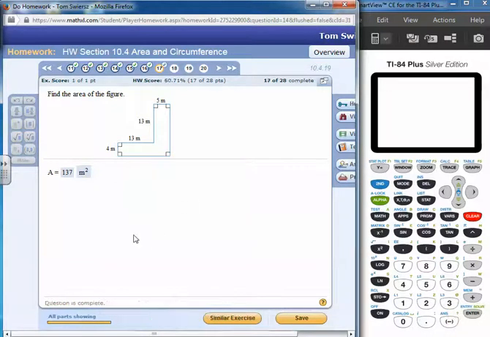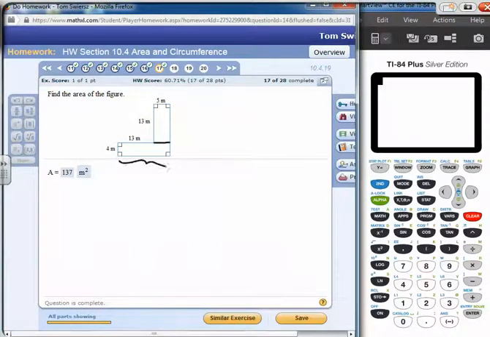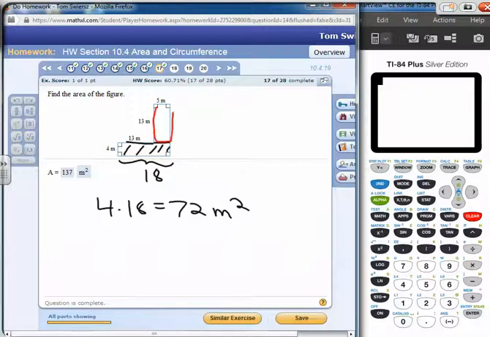Okay, and you can see that if you did it the other way, if you cut it this way, then this rectangle would be 13 and 5, which is 18, right? So 4 times 18 is 72 square meters. And then for this rectangle, we already have the square, so now we're just doing this part, which is 5 by 13, length times width, which is 65 square meters.